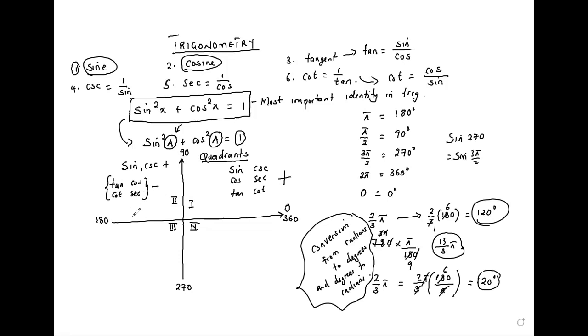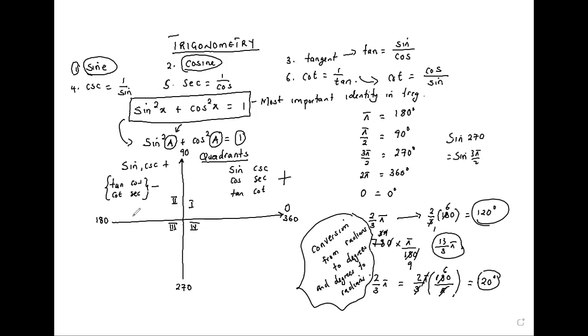Tan 91 is negative 57.2. You can put any value. Let me now go for cos. Cos 93 is negative 0.05. So for any angle between 90 and 180, the only functions that give positive values are sine and cosec. The rest you get negative values.